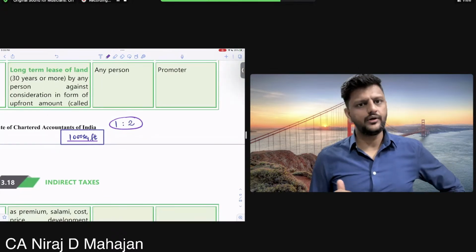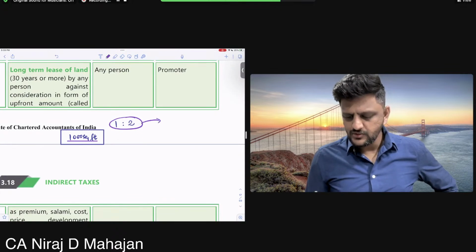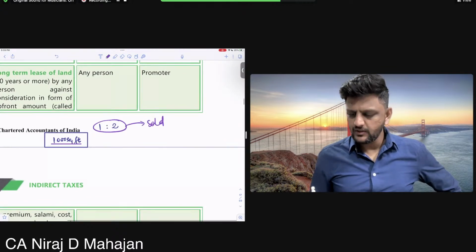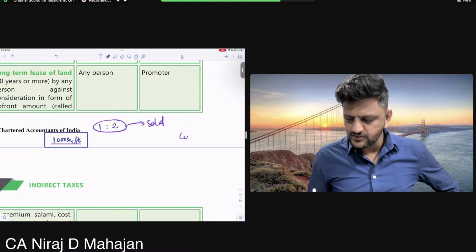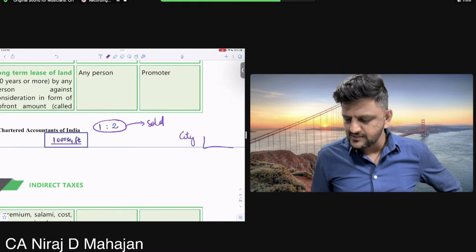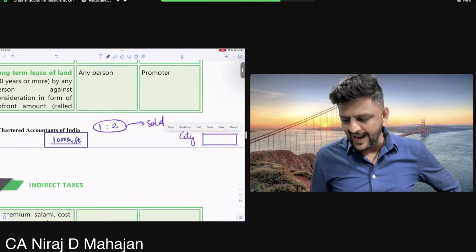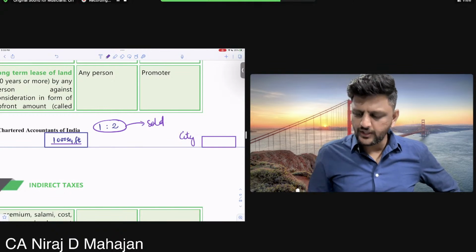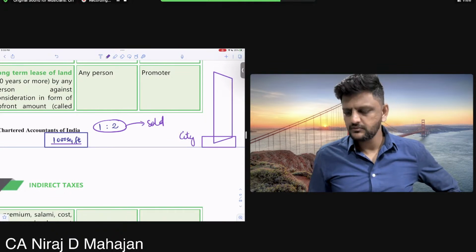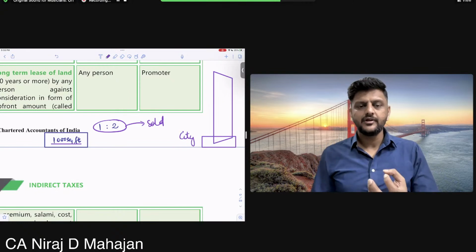This can be sold, especially in city areas where the builder has a very limited piece of land but can go taller and taller. That is possible only if he buys.